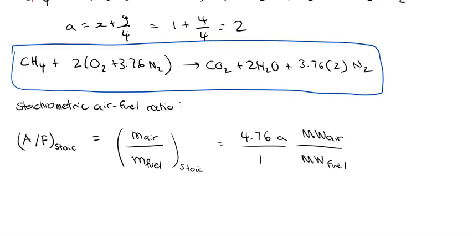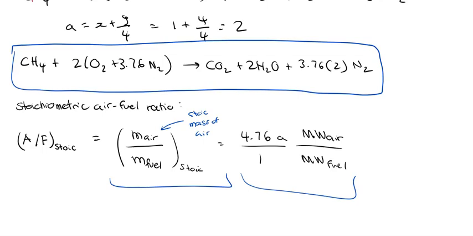Now, what is the difference between these two portions of the equation? Well, it has to do with what M air and M fuel are and what MW air and MW fuel are. This represents the stoichiometric mass of air and our stoichiometric mass of fuel, whereas these are the molecular weights of air and fuel, respectively.